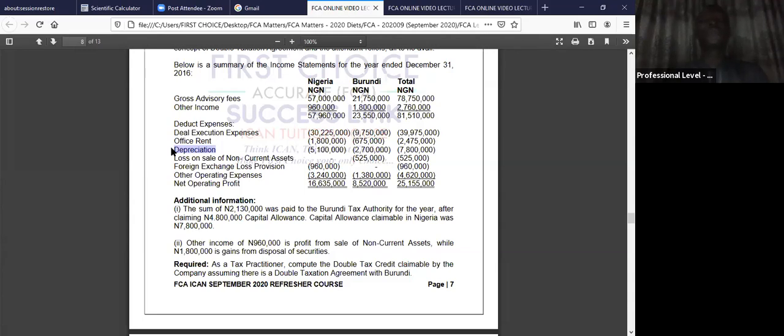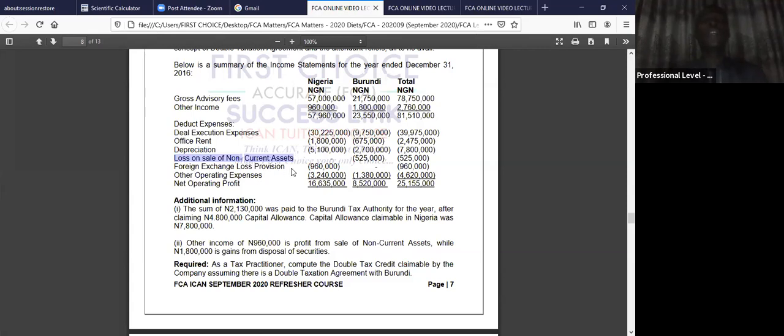So without reading additional information, you've started thinking this is not allowed, so why are they allowing it here? Then loss on sale of non-current assets. What do we say about it? It is a loss you got when you sold your non-current asset. It's not an operational sale, it's not an operational activity. So this has no business here. It is not allowed.